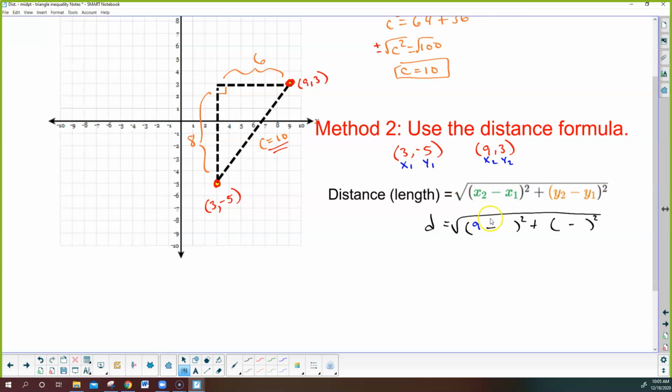What is x1? I labeled that as 3. And then what did I label y2 as? y2 I labeled as 3. What did I label y1 as? Now this is where you've got to be careful. We're subtracting a negative right here. So it's subtracting of a negative, which is much better thought of as addition.